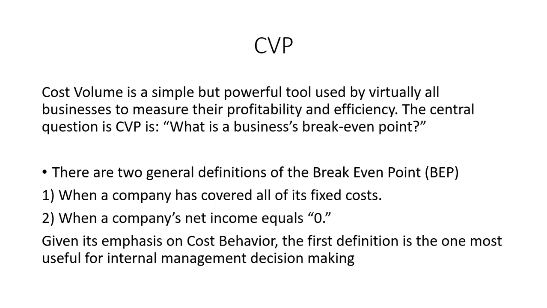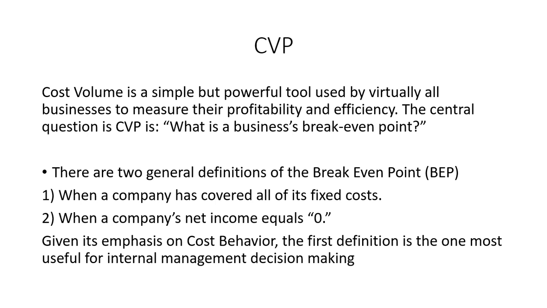If you separate all your costs between fixed and variable, once you've sold enough units, given a certain sales price and demand, to cover your fixed costs, that's your break-even point. Once you start selling beyond your fixed costs, then you have a profit. But if you don't cover your fixed costs, you have a loss.